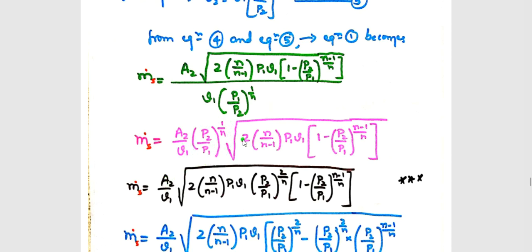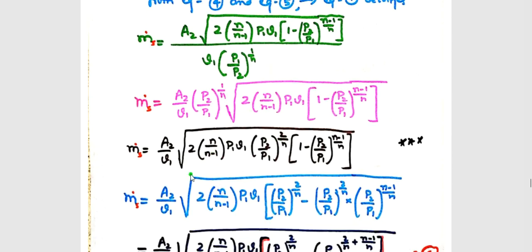So if you send it within the square root, 1 by n will become 2 by n, because square root of 4, if you take outside, is 2, square root of 16 is 4. Similarly, if you send the 1 by n power ratio inside the square root, it will become 2 by n. It is a mathematical rule.